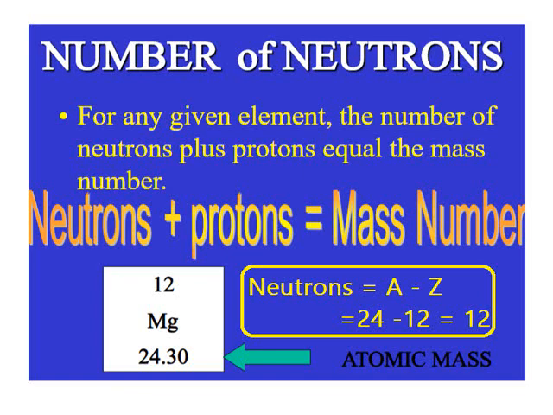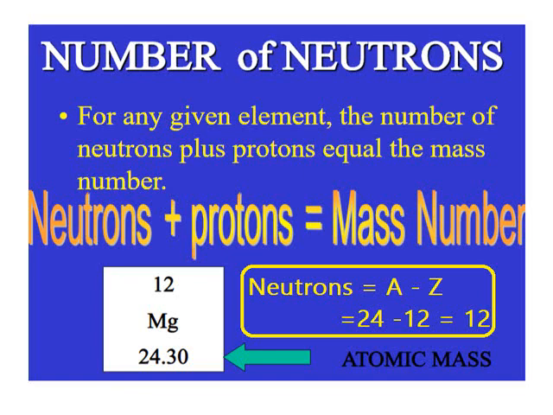So here is an example. Magnesium with atomic number 12 and mass number 24. So the mass number is the number of neutrons plus the number of protons.